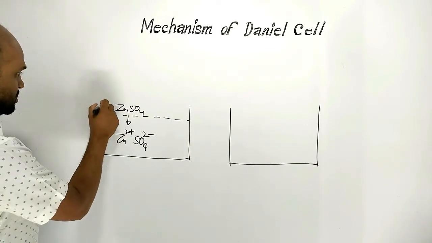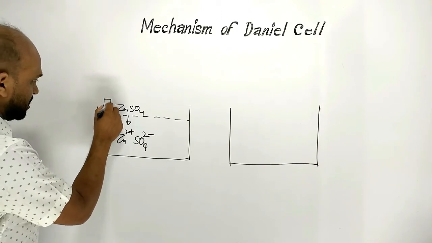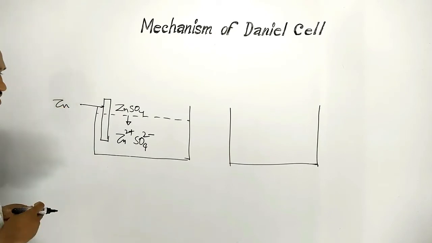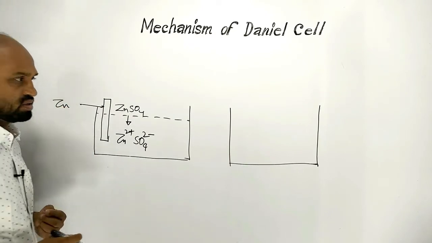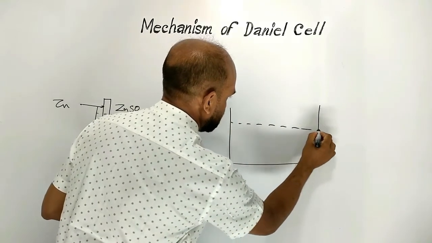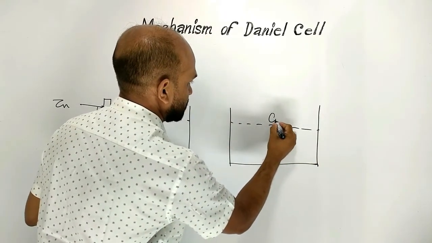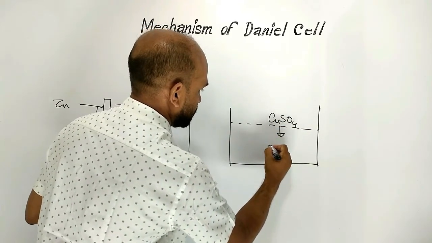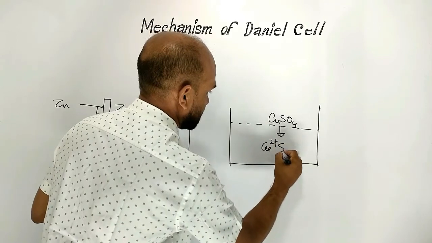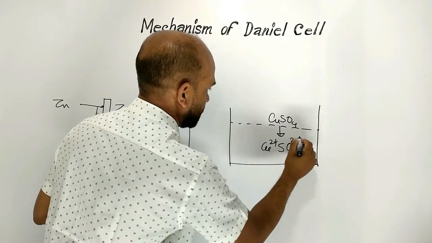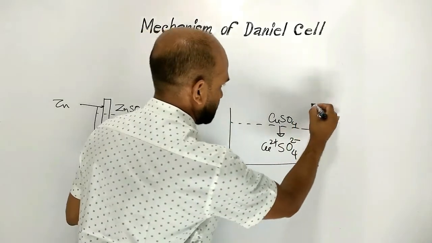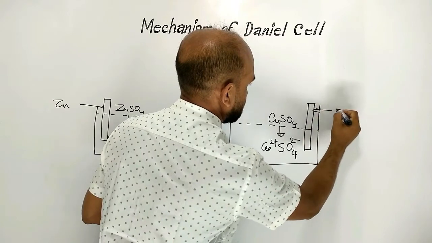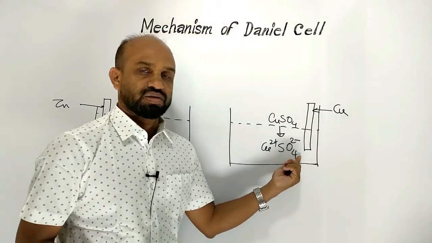In this solution, a metallic bar of zinc is introduced, and in another beaker, an electrolytic solution of copper sulfate is taken that ionizes to copper 2 plus and sulfate 2 minus. In this solution, a metallic bar of copper is inserted.